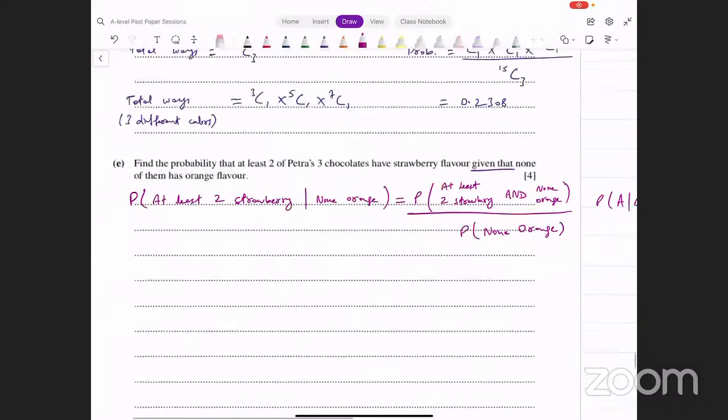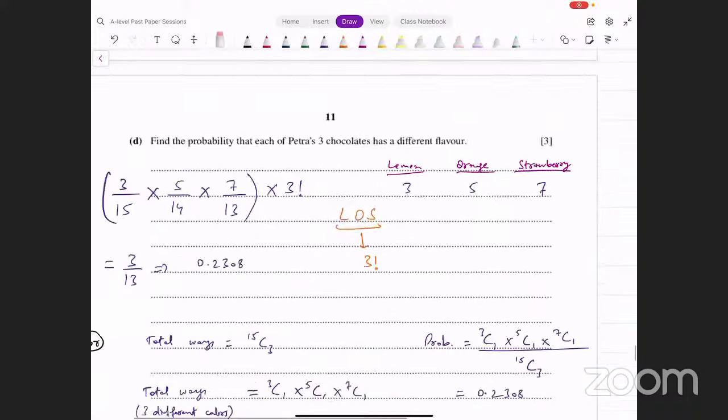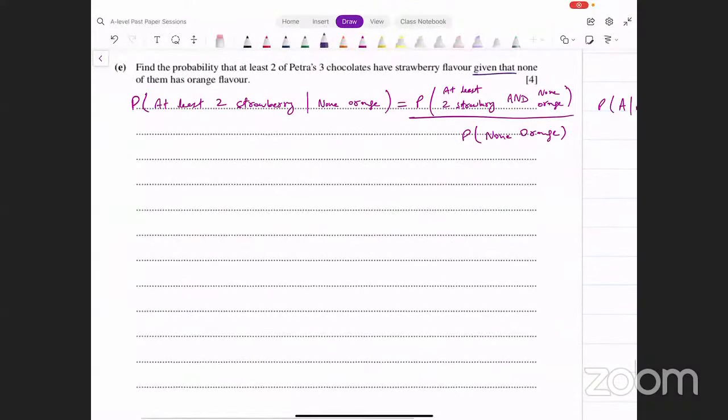अच्छा, नन ऑरेंज तो हमने यहाँ पे कैलकुलेट किया था, probability that none of Petra's 3 chocolates are orange. We know that probability, that's 0.2637. ये हमने already denominator calculate किया हुआ है, right? So probability that none are orange, we have that from a previous part, that was 0.2637.